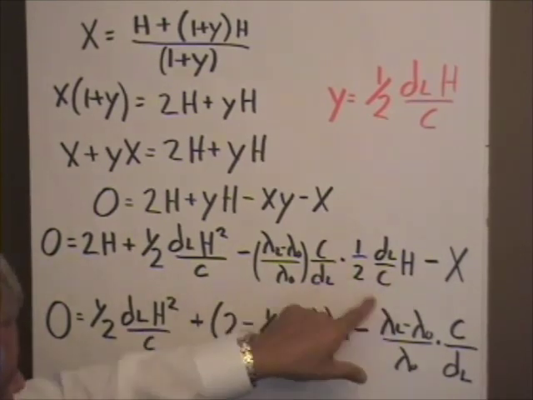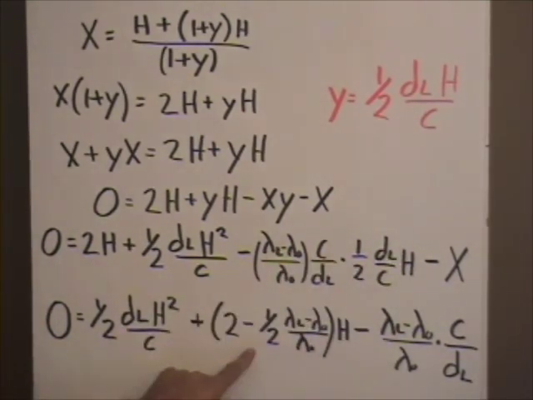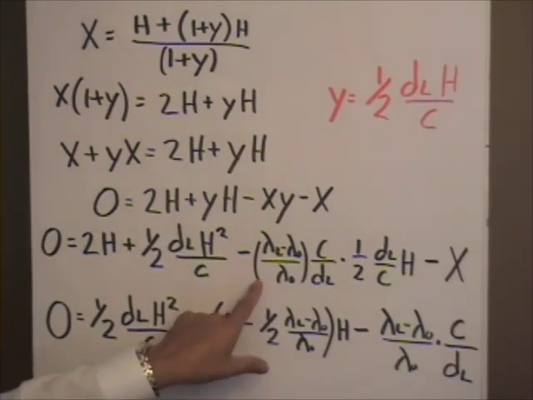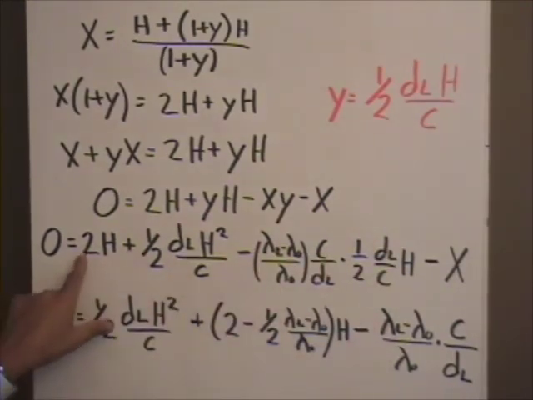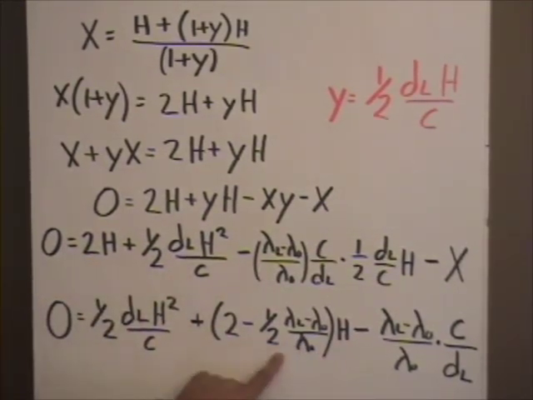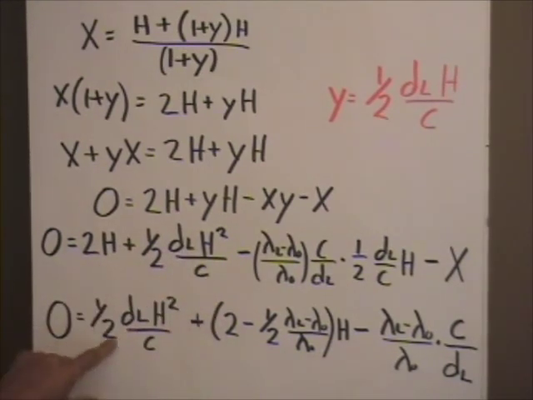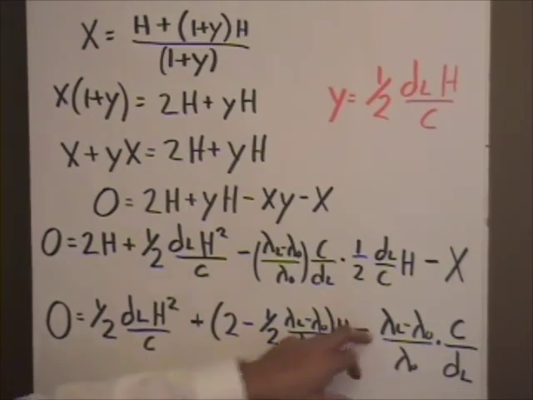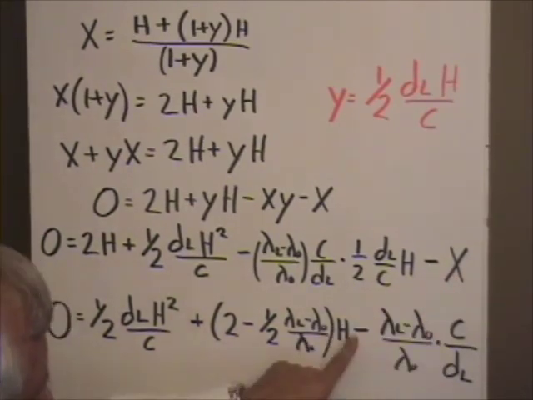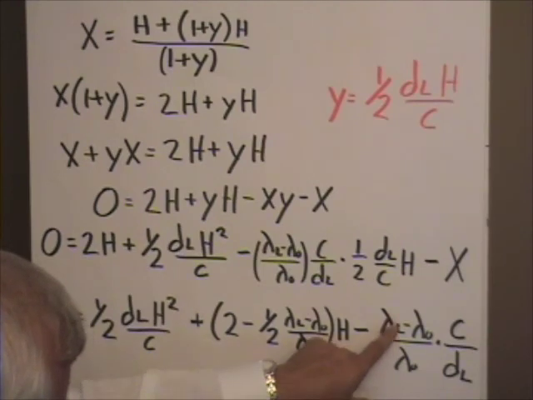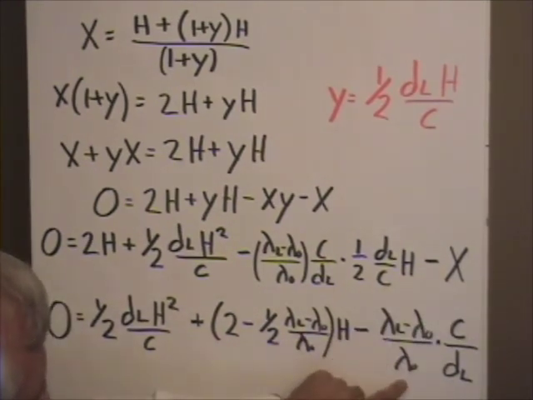Here the c's cancel, dL's cancel, so this middle term simplifies, and then we combine this middle term with the two H's over here, gives us the final middle term of 2 minus 1/2 of the redshift times H. We had the first term here, came down 1/2 dL H squared over c, and the x is simply what it was above, minus the redshift times c over dL.